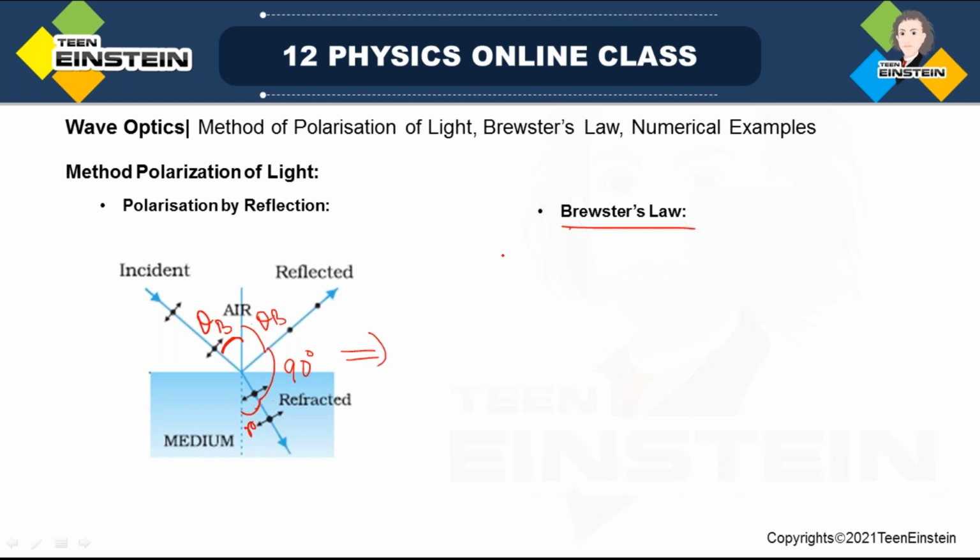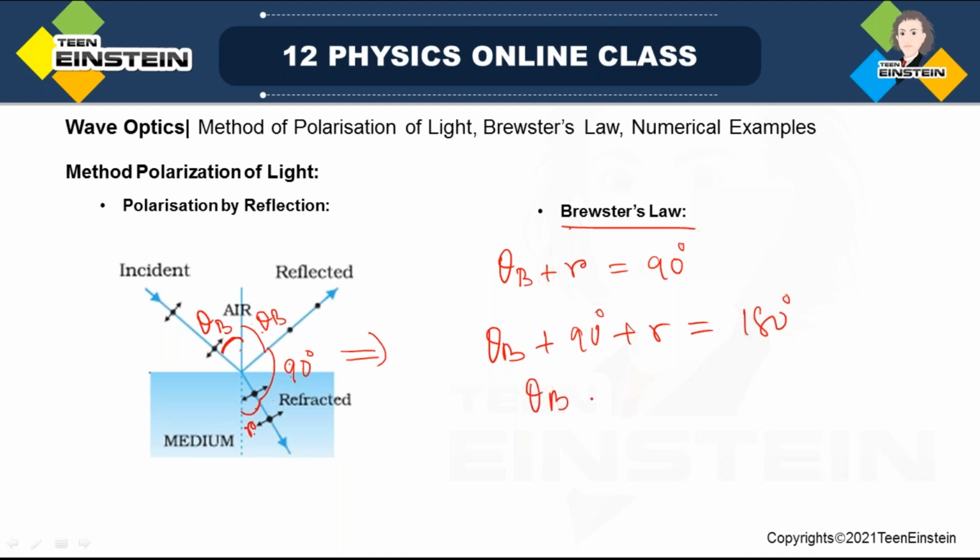From this figure, theta b plus 90 plus r has to be 180 degrees total.